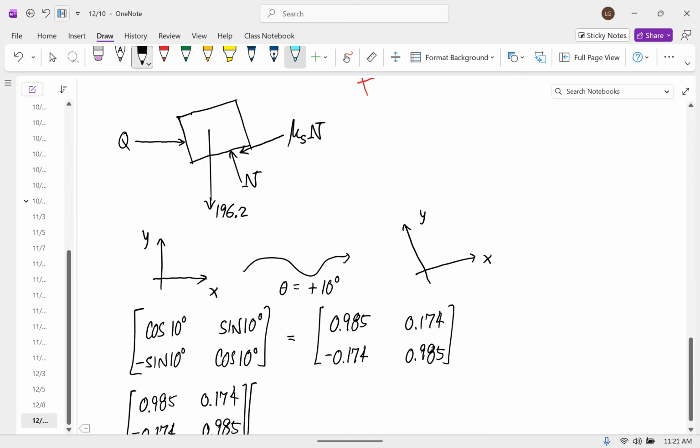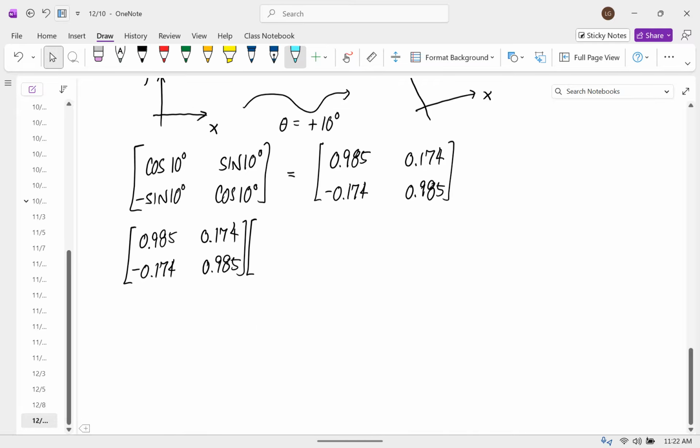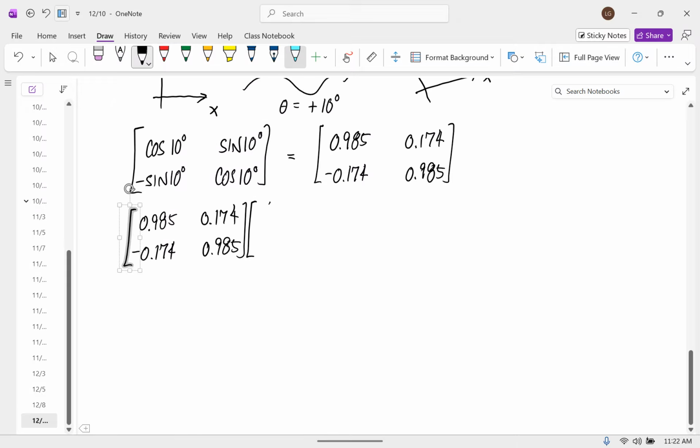In the coordinate system on the left, that weight force would just be 0, negative 196.2. Are you with me on that? And so I'll put in 0, negative 196.2. And then I'll do this matrix multiplication.